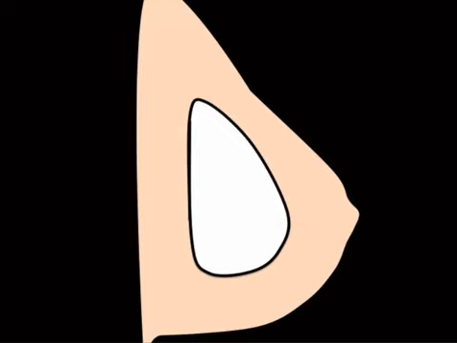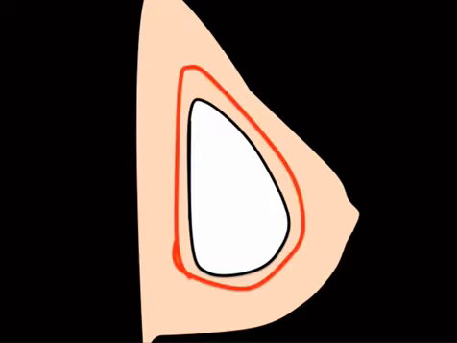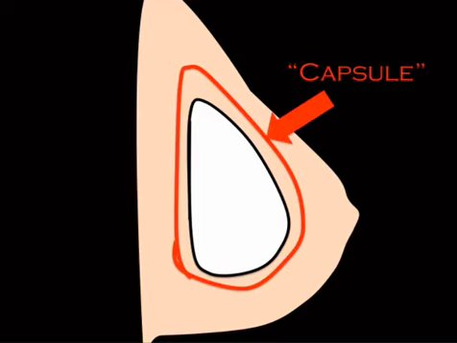It's a foreign body, right? So you're going to wall it off just like you would any other foreign body that was present. So your body forms a capsule around it. And that's what they mean when people say there's intracapsular or extracapsular rupture. They're not talking about the envelope of the actual implant. They're talking about this capsule that your body makes.